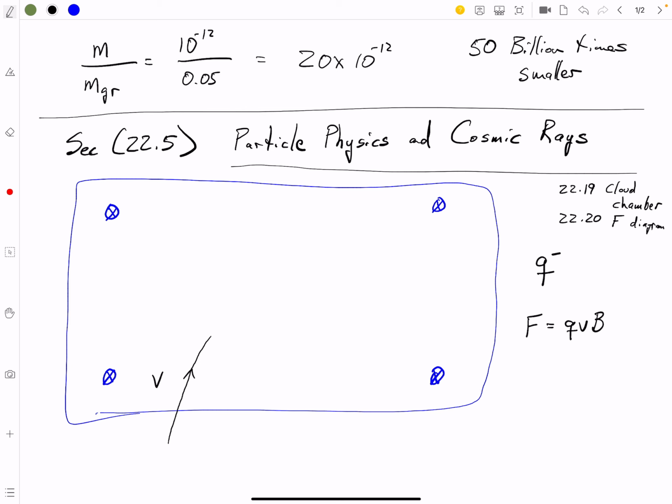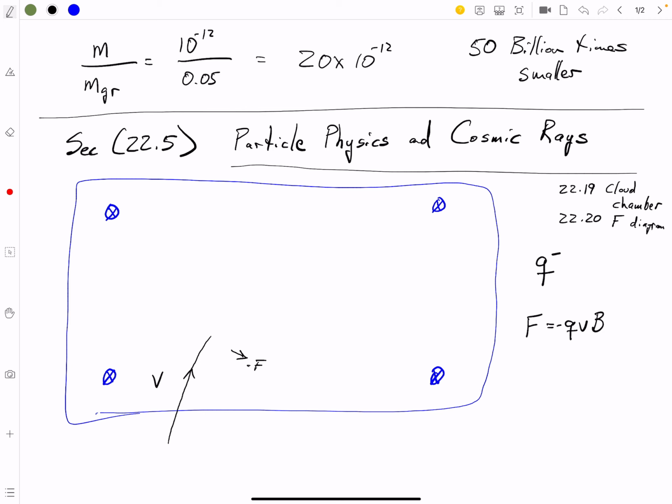Now, if the Q is negative, our force is going to point in the opposite direction. Instead of the force pointing this way, which would be positive, the Q is negative, so the force is actually pointing in that direction. Okay? So let's erase this one.